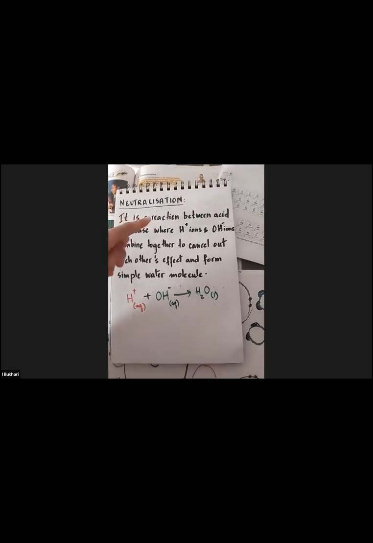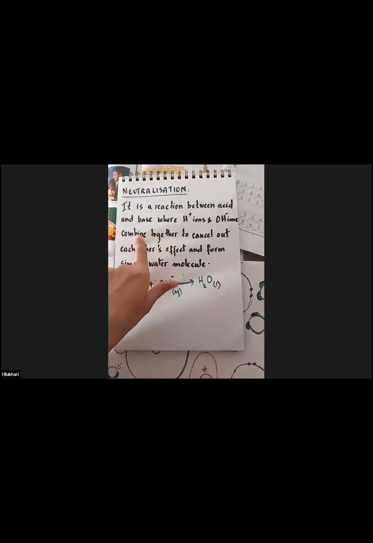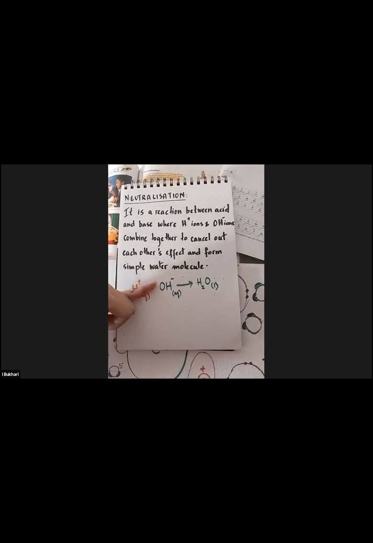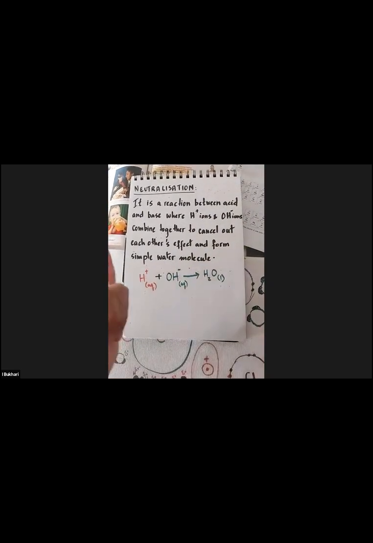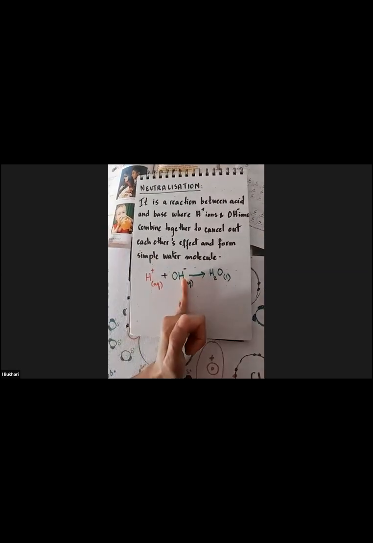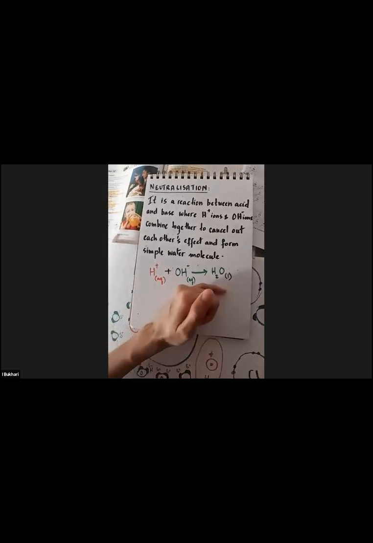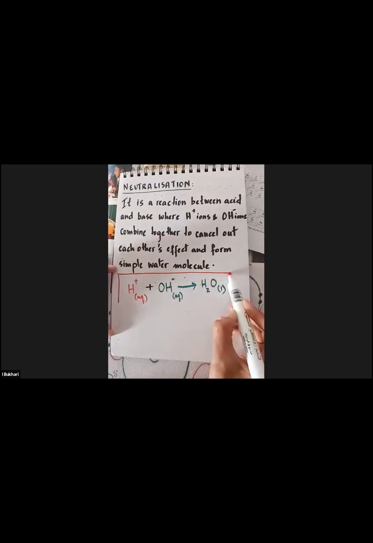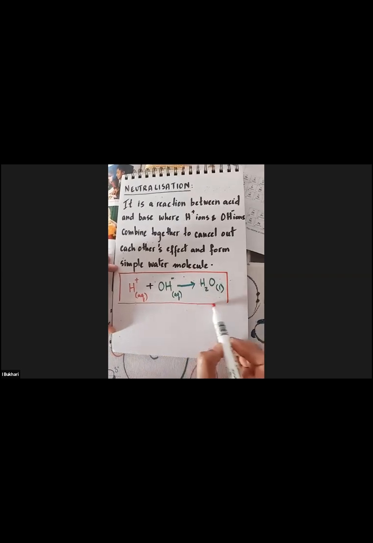It is a reaction between acid and base where hydrogen ions are given by the acids, and these hydrogen ions are then accepted by the hydroxide ions of the bases to form a neutral water molecule. So remember, this is the net equation for any neutralization reaction.